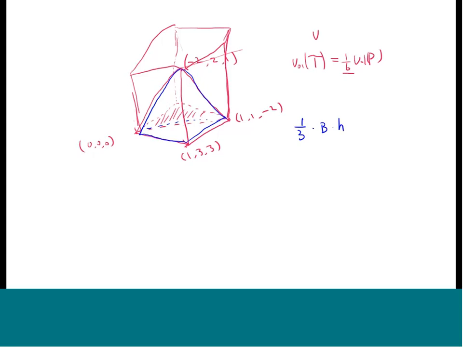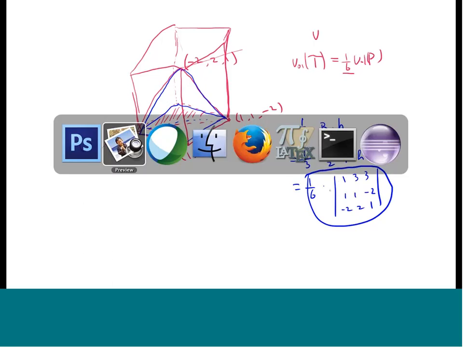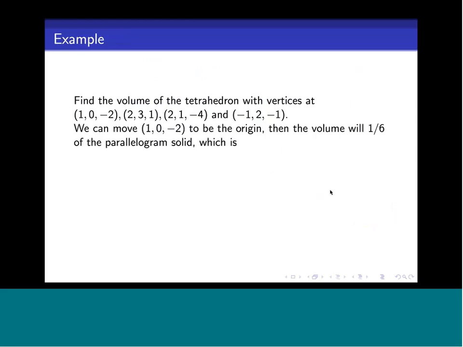The base is only 1/2 of the whole parallelogram, so totally it's 1/6 of everything. So that's the determinant of 1, 3, 3; 1, 1, minus 2; minus 2, 2, 1. That will be the final answer. Whatever it is, the answer is like 26/6.